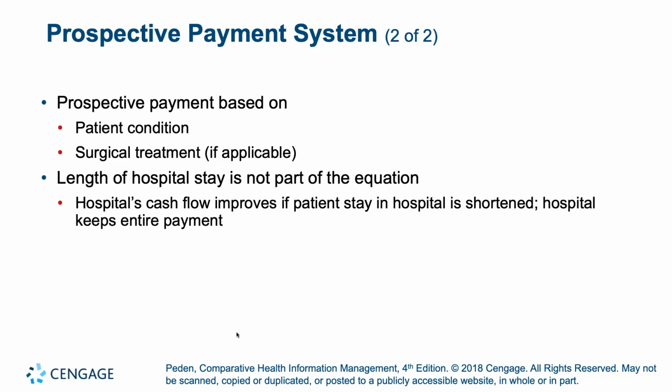Suddenly you see that your average length of stay, you're going to get paid the same amount whether you keep someone 3 days or 5 days. Your goal is to get them prepared for discharge as soon as possible. And that's when it really moved from keeping patients in the hospital until they were fully well, and even beyond that, to we need to get the patient stable and capable of going home.